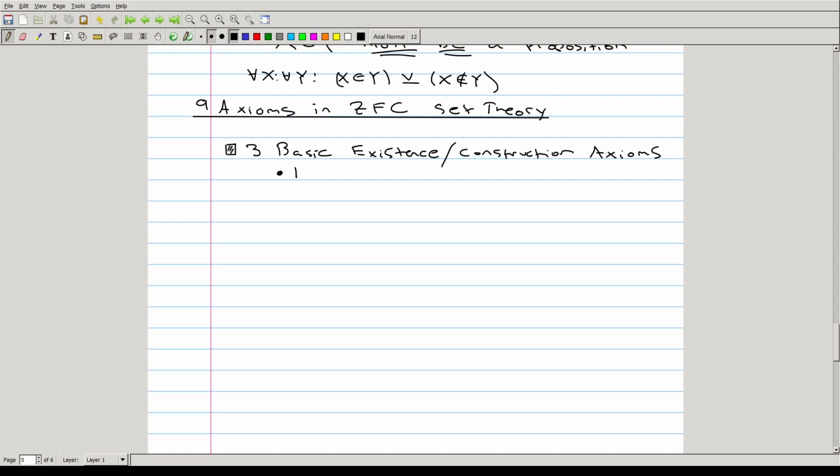We have the existence axiom, the existence of the empty set, which is typically denoted as a circle with a line through it, or just empty brackets. We have the axiom of extensionality, which defines set equality.